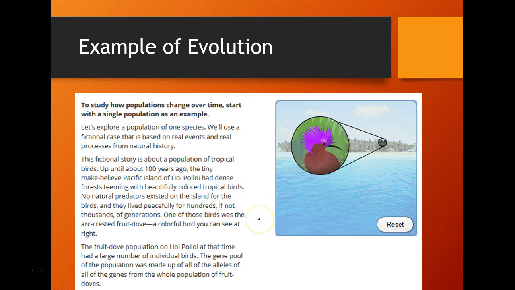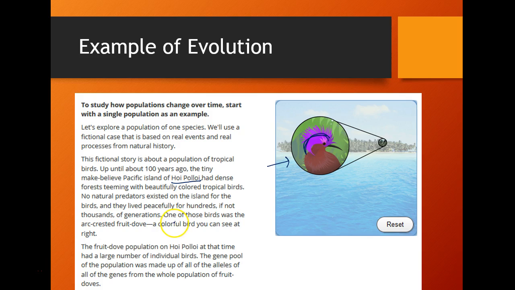Okay, so we're going to take a look at how evolution can occur. And the best way to do this is to think about one particular population. So we're going to be looking at this made-up example of these arc-crested fruit doves, which is right here. And what we're going to be focusing on is these bright feathers that these doves have. So we're going to be looking at these birds. They live on an island called Hoi Polloi, and basically the island has a lot of different colorful tropical birds.